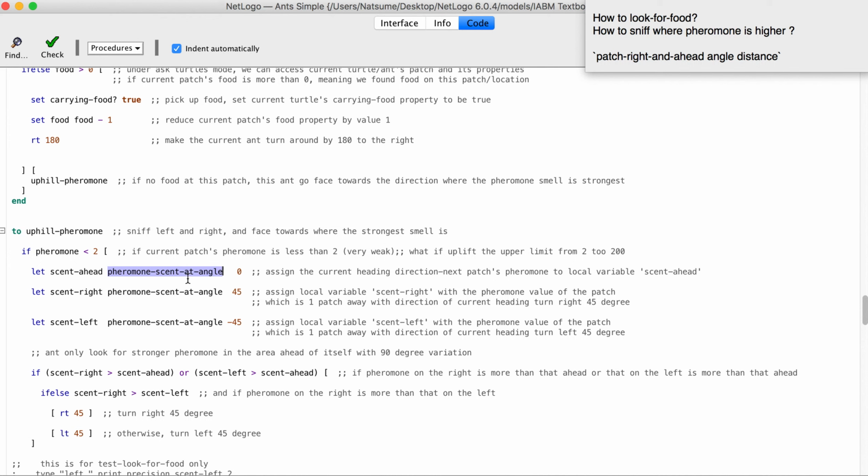We give this value to center right, this value to center left. So this is how we use patch right and ahead, with an angle as one input and distance as the other input.